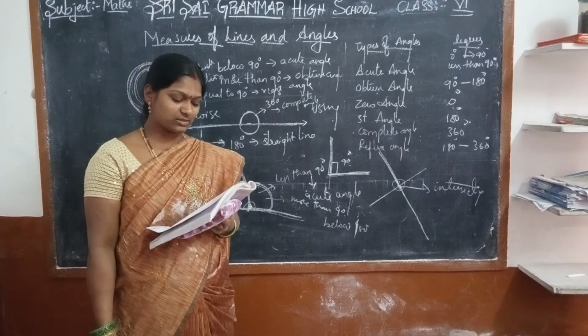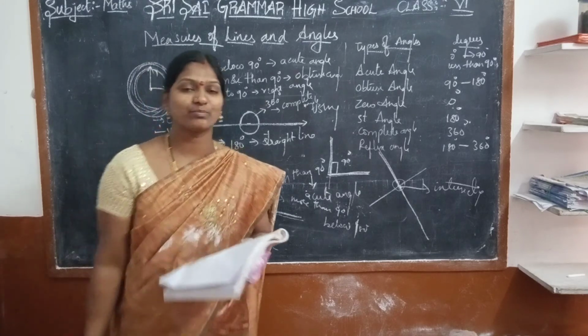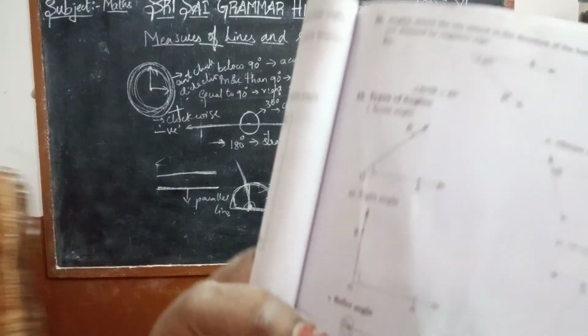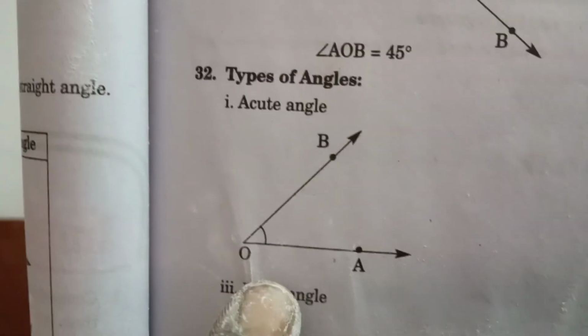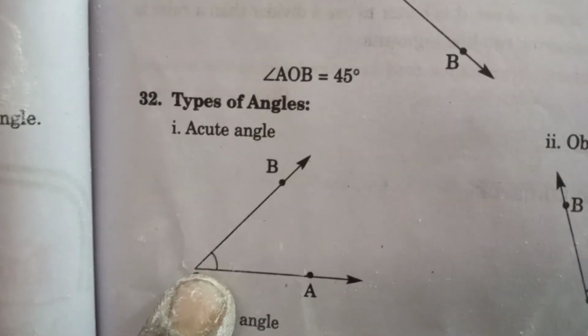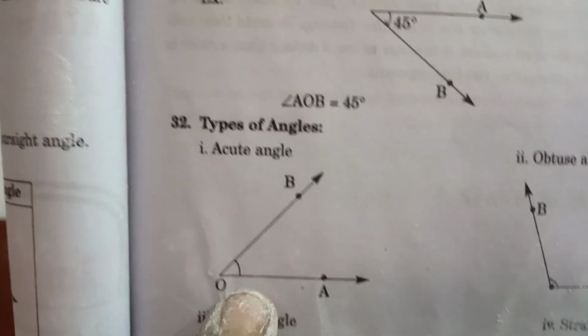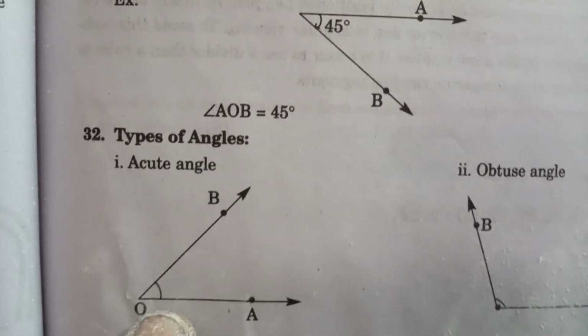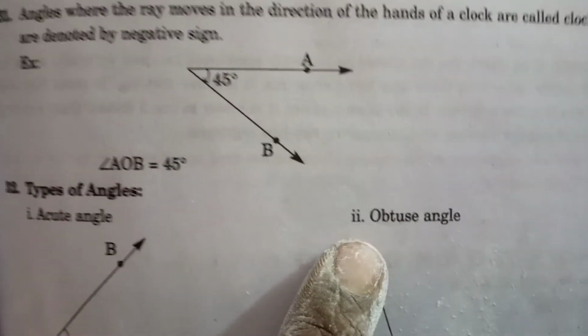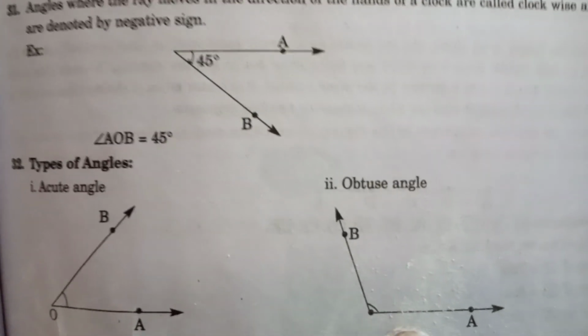Types of angles. Here the types of angles are given. See everyone, an acute angle is less than 90 degrees. If you measure with the protractor, you will know the acute angle is less than 90 degrees. An obtuse angle is more than 90 degrees.